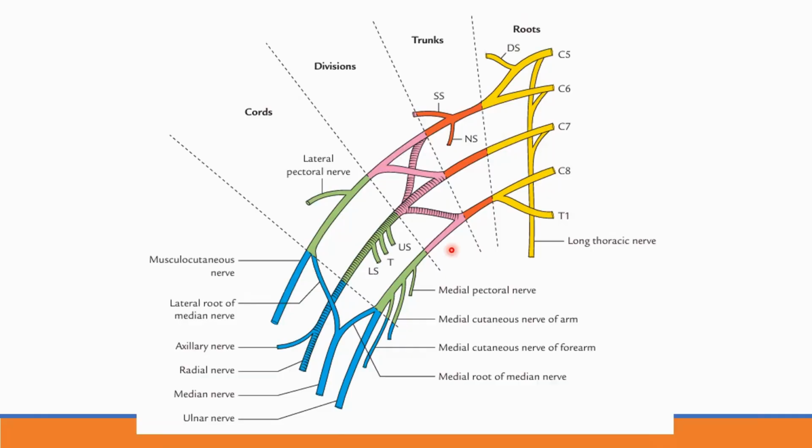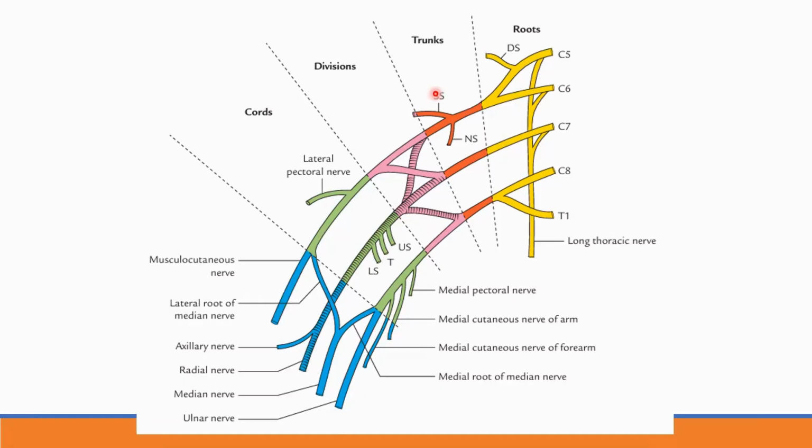From the divisions, you cannot see any branches, but directly from the cords, from the lateral cord, we have lateral pectoral nerve. From the posterior cord, we have upper subscapular, lower subscapular and thoracodorsal nerve. From the medial cord, we have medial pectoral nerve, medial cutaneous nerve of arm, medial cutaneous nerve of forearm.